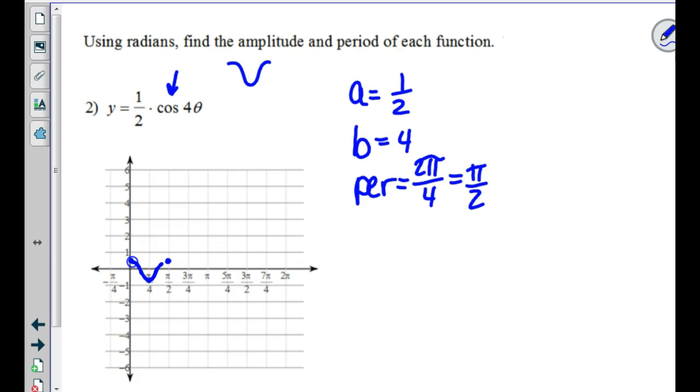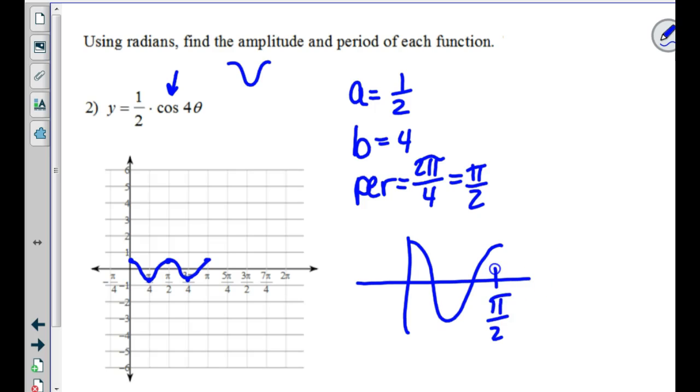There's a couple periods of it, but let's worry about the ordered pairs. So if you and I were actually graphing this without the graph paper, we would have said it needs to finish by pi over 2.